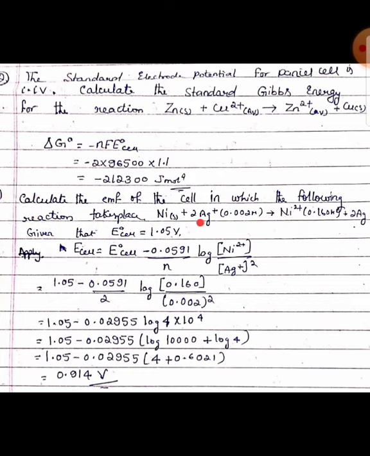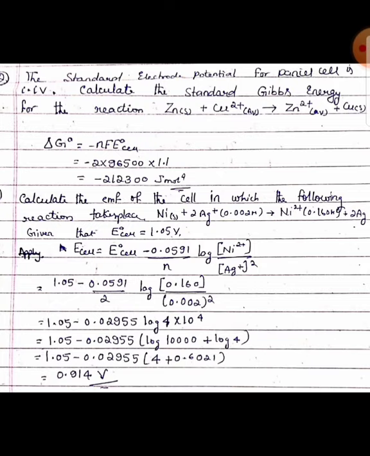So let us substitute. E naught of the cell given is 1.05 minus 0.0591 divided by n, because 2 electrons are involved in the reaction, 2, log of concentration of Ni2+ 0.160, and concentration of Ag+ is 0.002 raised to power 2. When you calculate this one, we will get log 4 into 10 to the power of 4.